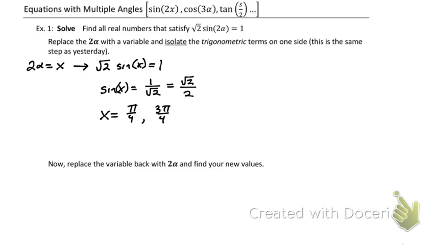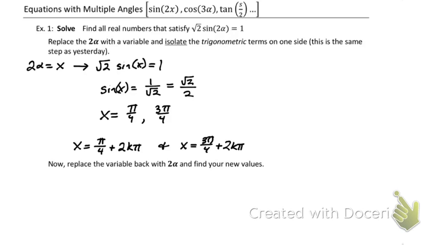So that means if I was asked to do all of the answers, we'd go, okay, x equals pi over 4 plus 2k pi. And we'd also have x equals 3 pi over 4 plus 2k pi. All of that work is still sound.